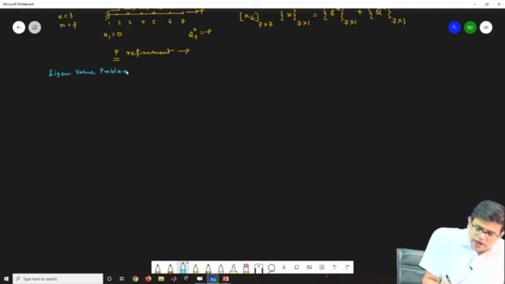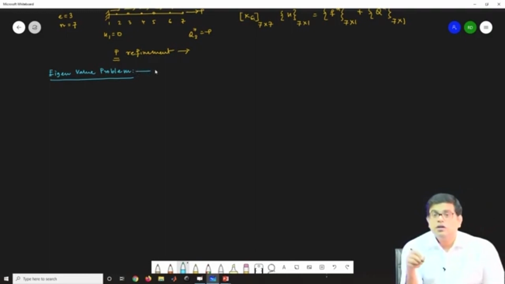The objective of the eigenvalue problem here is to find out the mode shapes and the natural frequency of the system. Now any bar or any beam or any plate or any other thing, these are continuous systems. So it has an infinite number of natural frequencies.